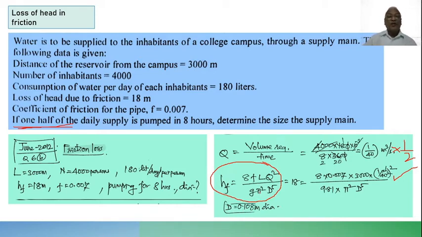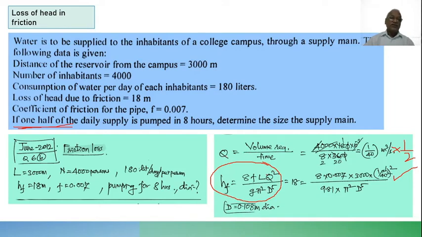To bring the water. So if you look at the kind of question, it looks quite involved question or difficult or lengthy. But when you work out systematically, the total discharge required divided by time is the discharge. Total volume required divided by time is the discharge.